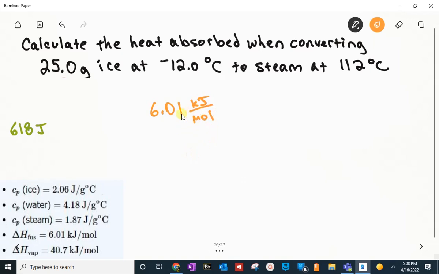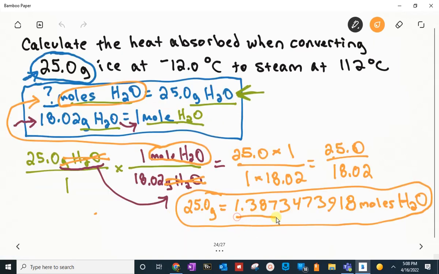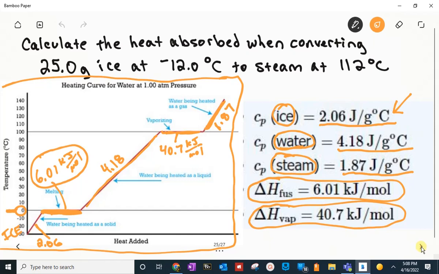And now we have to go back and remember when we figured out how many moles of ice we have at the beginning. We have 1.38734733918 moles. So let's write that down.